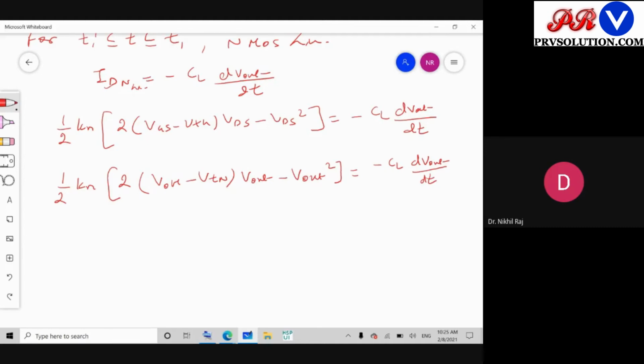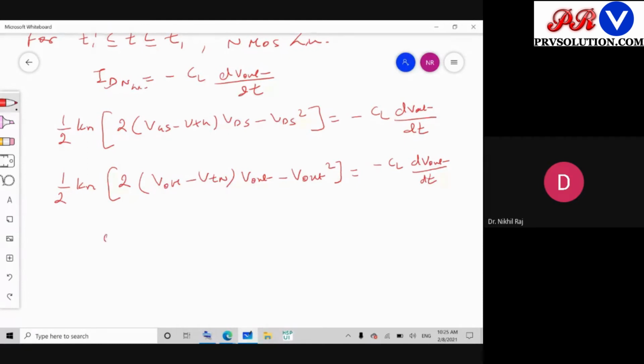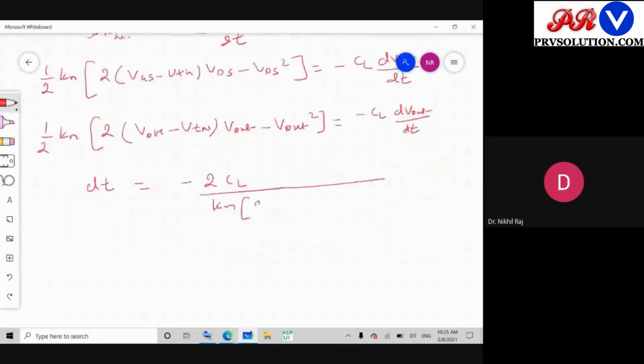So the time we will shift to the left hand side. So we'll get the expression as dt equals minus 2 CL divided by Kn, and this whole part will come in the denominator, that is 2(VOH minus VTN)Vout minus Vout square, and here dVout will come.